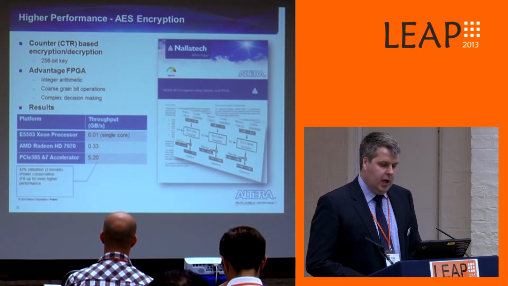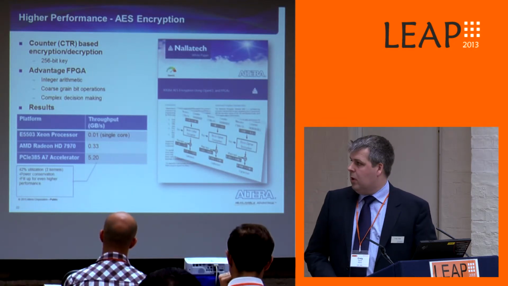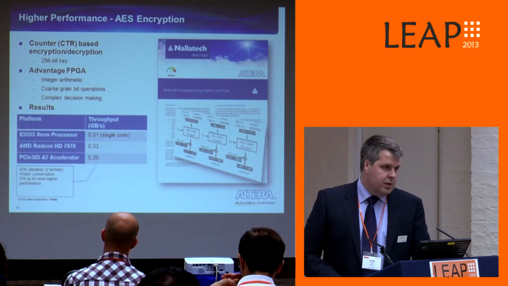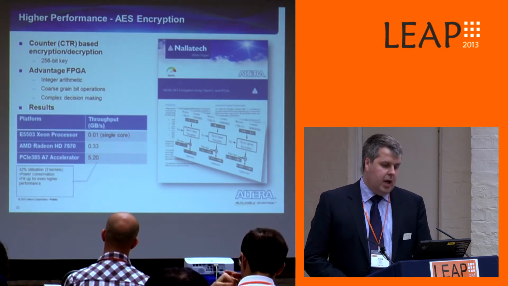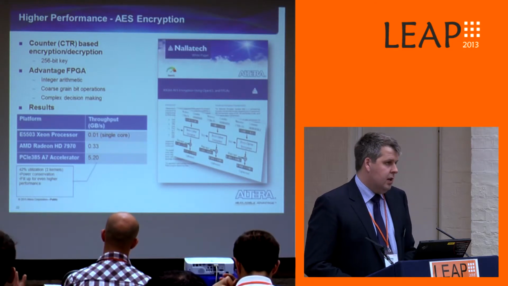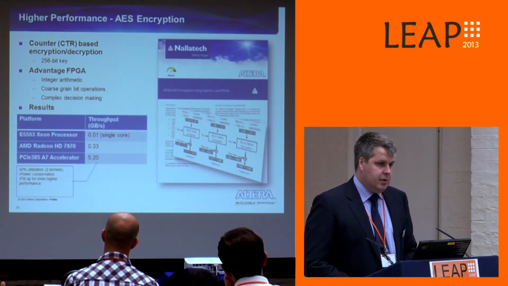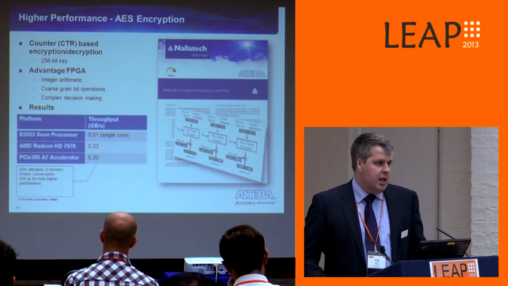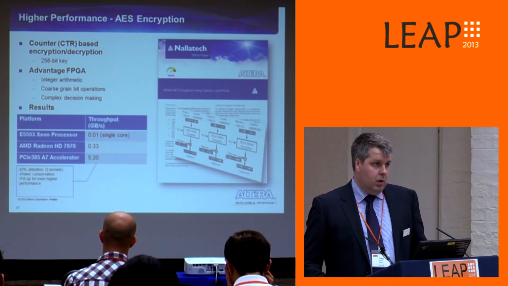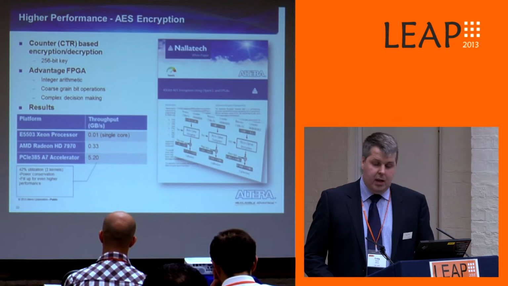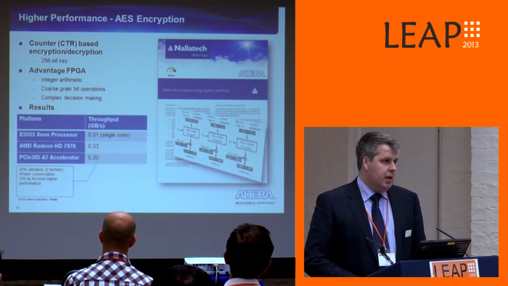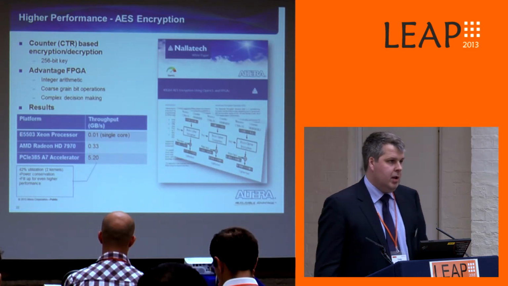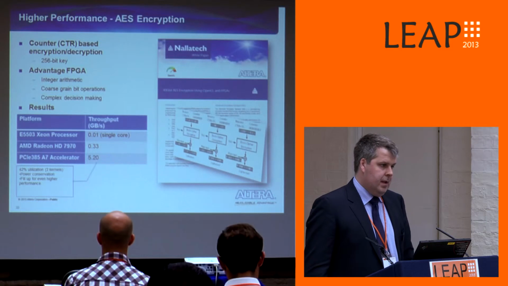We've got an AES encryptor block here, developed by one of our board partners, Nalitech. They've shown the throughput of this core using a Xeon processor, an AMD GPU, and their FPGA accelerator based on Stratix 5. You can see here at 42% utilization, so there's the ability to load the device with more cores, 5.2 gigabytes per second of throughput in comparison to 0.33 from the GPU and the CPU itself.